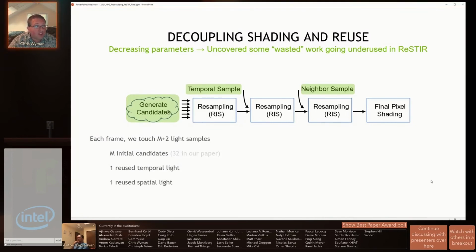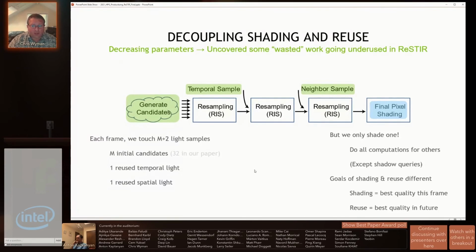So each frame we're touching M+2 light samples, where M is the number of candidates, and in our paper that's 32 all the time. So we touch 34 samples for every pixel, but we only shade 1. That one not only gets shaded, it also gets reused. But we're doing the computation for all of these other samples, except, of course, for the shadow rays.